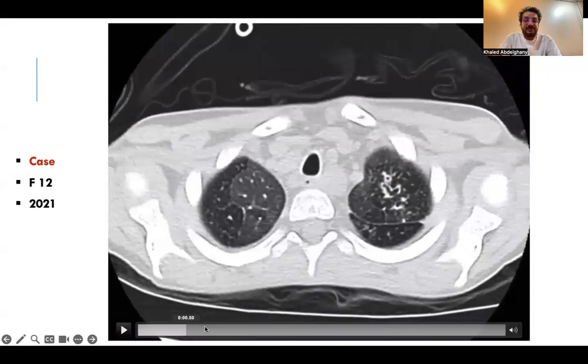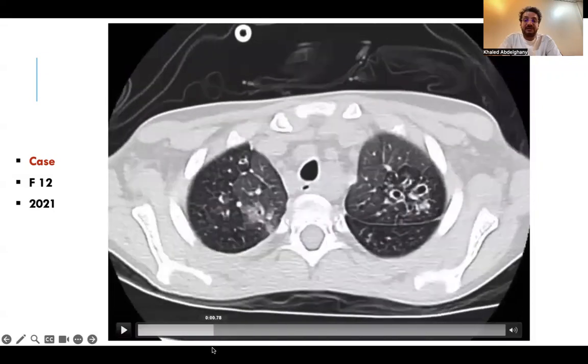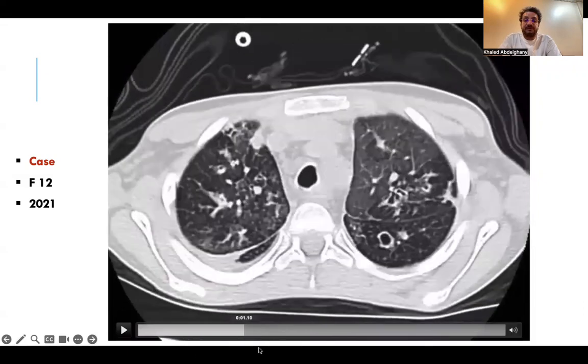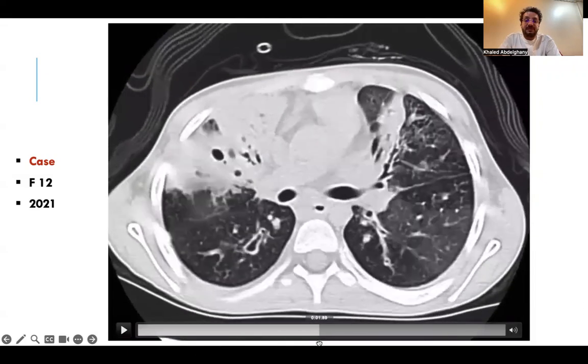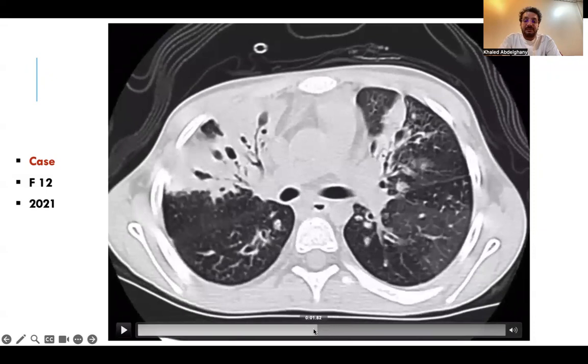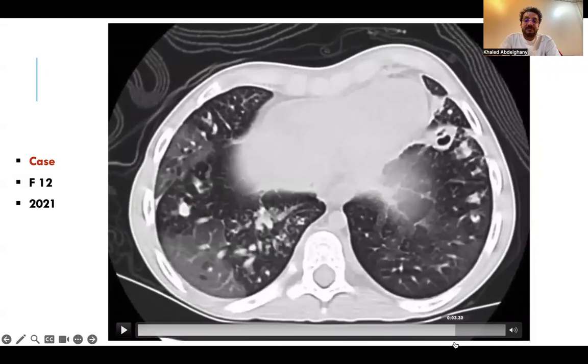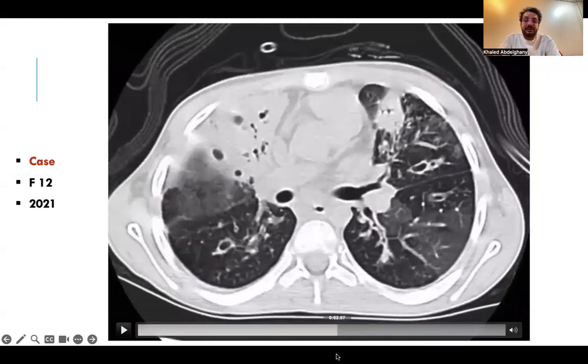According to the findings that we can see here in 21, we have predominant upper lobar bronchiectasis and mucus plugging and tree-in-bud.